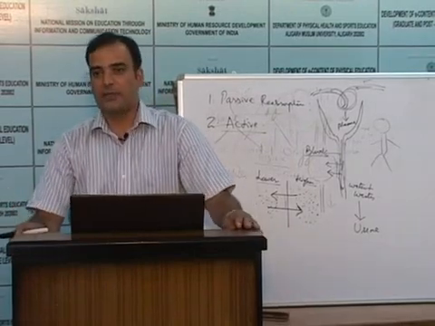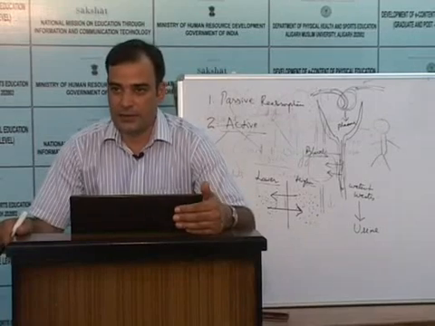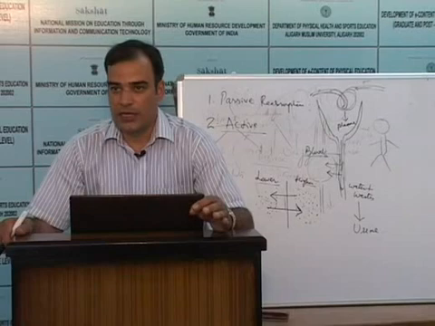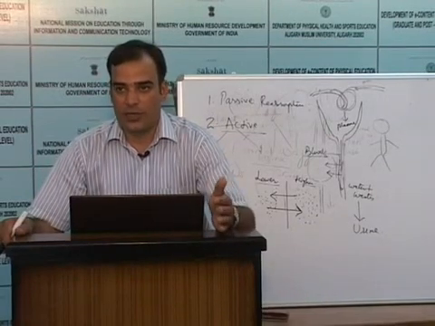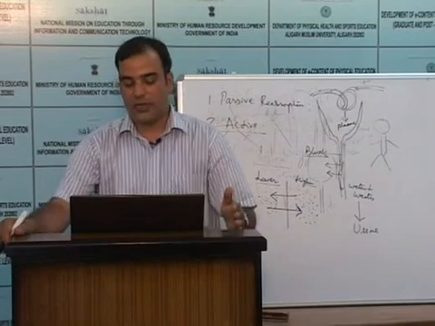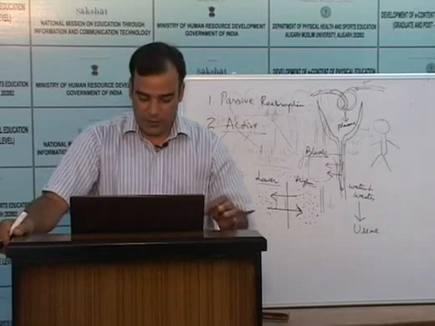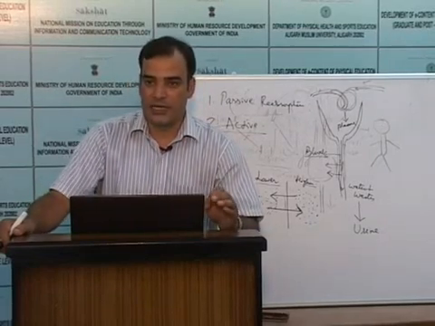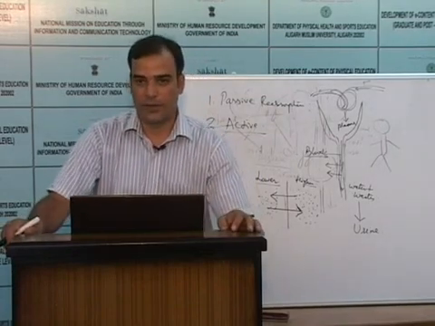Now there is a little bit of difference in the reabsorption from PCT and DCT. Sodium in the proximal convoluted tubule is reabsorbed by active transport. It's also reabsorbed in the DCT by active reabsorption. However, in the distal convoluted tubule, this reabsorption is under the effect of the hormone aldosterone.